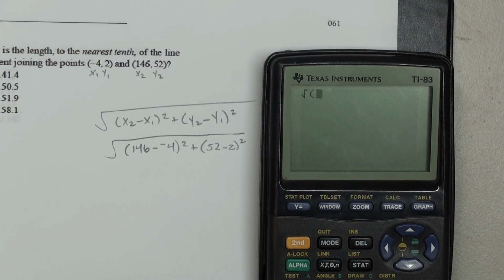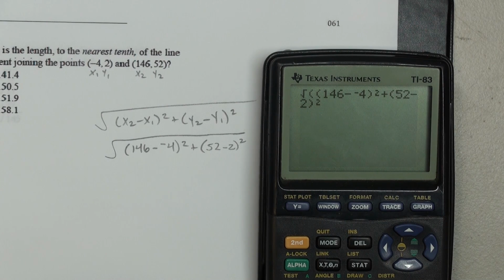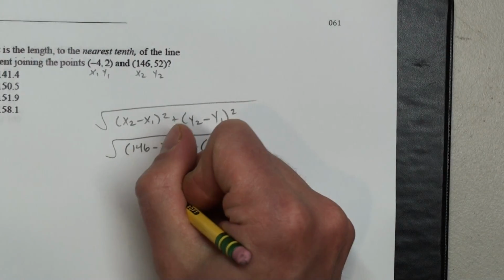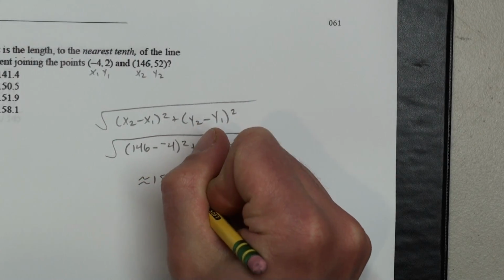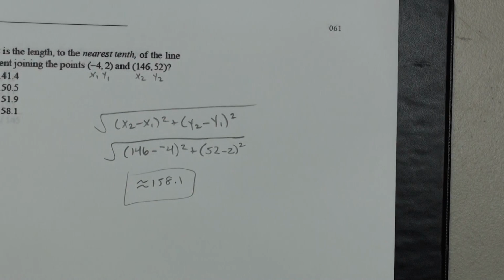Square root. I'm adding another parenthesis, so 146 minus negative 4 squared plus 52 minus 2 squared, close again, enter. 158.1. Choice 4.